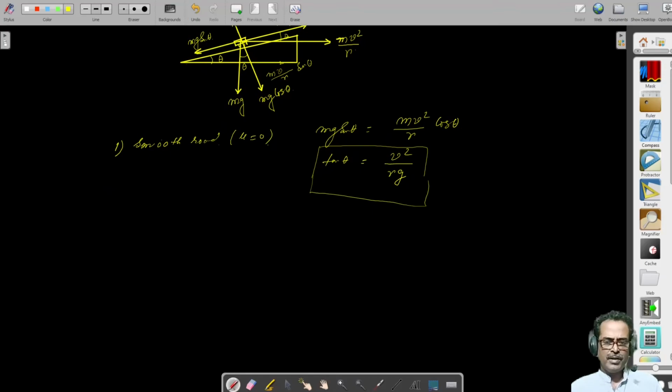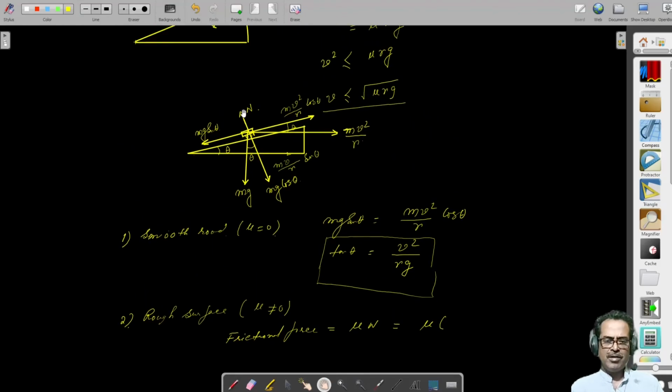For a rough surface, that is mu not equal to 0, in that case, frictional force is equal to mu into N. N balances the two forces mv square by r sin theta and mg cos theta.